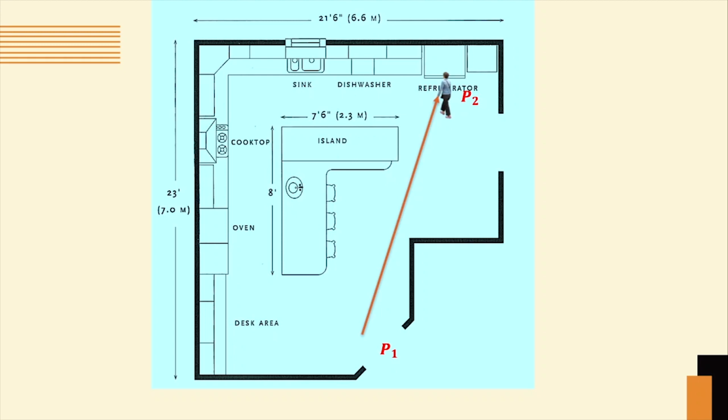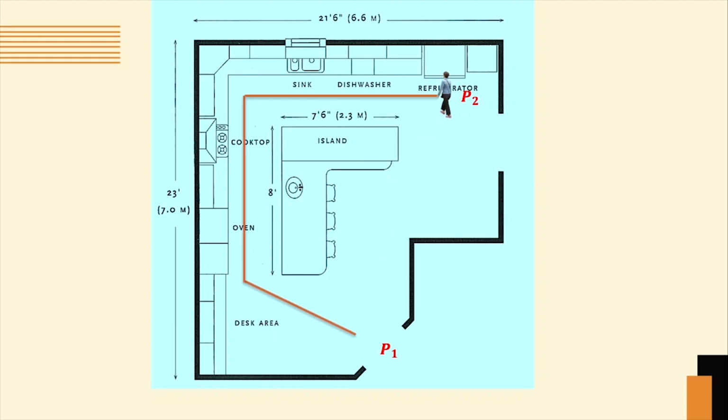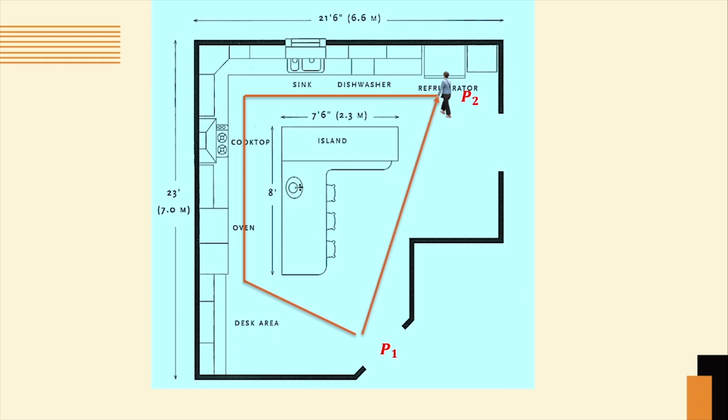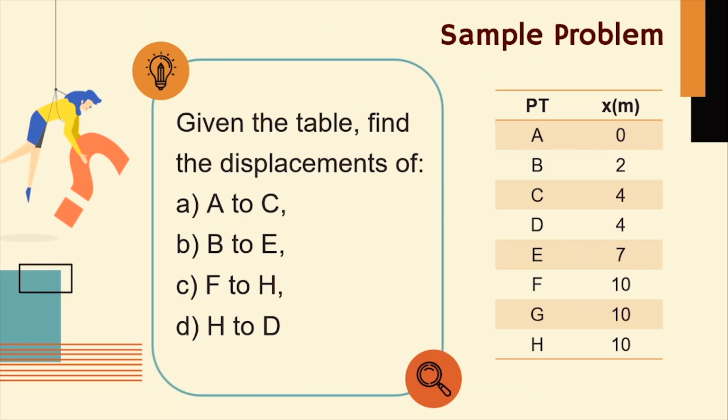The distance traveled is the total path you took from position 1 to position 2. As you can see here, the distance traveled is greater than the distance between these two positions. So you have to remember, displacement only depends on the initial and final positions, and not on the actual path taken.